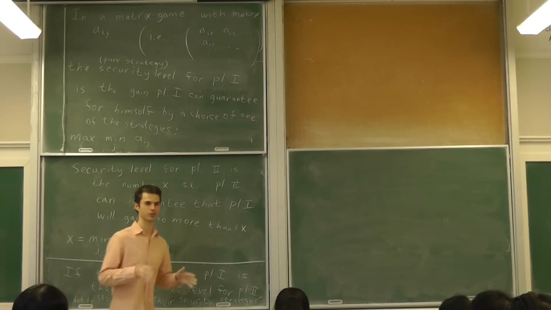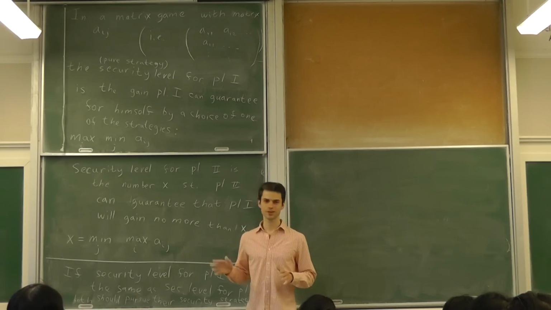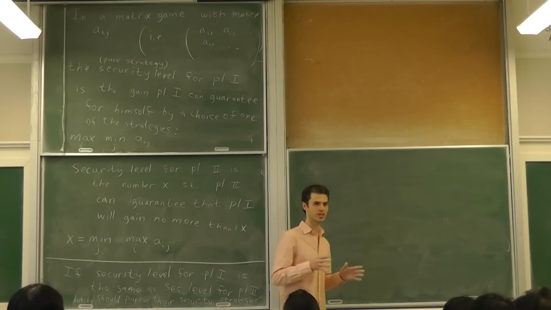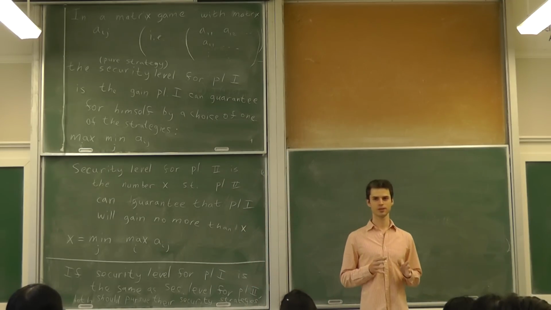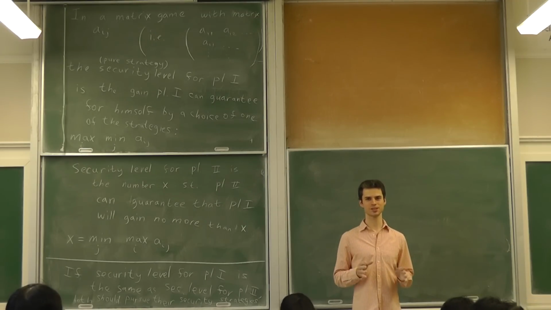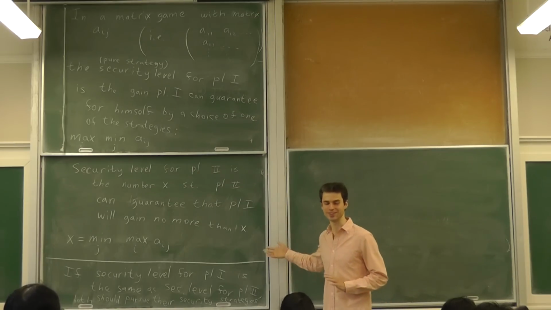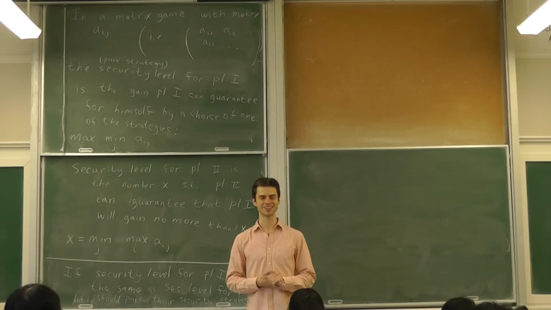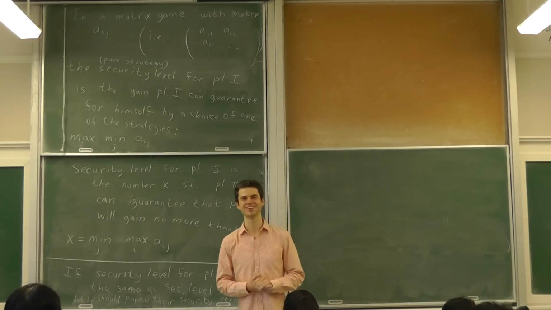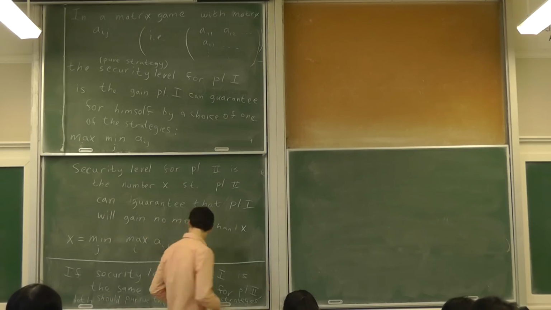In fact, we mentioned one game today where the security levels for the two players are different. There are no dominated strategies. Hence we cannot analyze it completely yet, and still you all know how to play it. Rock, paper, scissors. Yes, exactly.